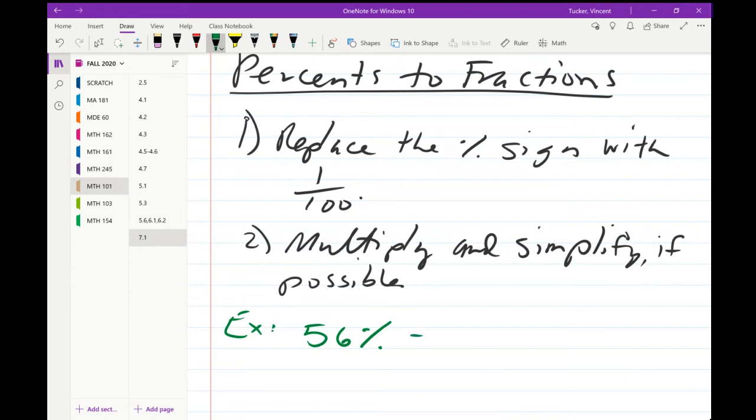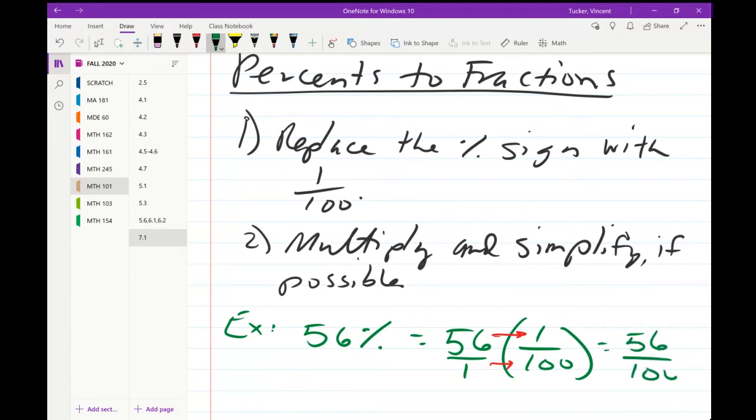All right. So that means 56 times 1 over 100 because we replaced that percent with that. Remember that was mentioned when we first started talking about percents. That percent is equal to 1 over 100. If I were to multiply across, 56 over 100.